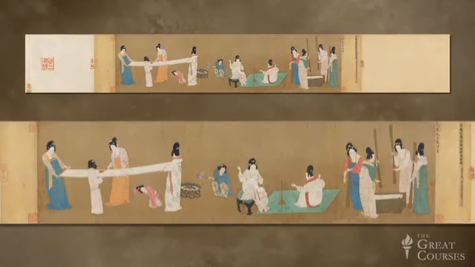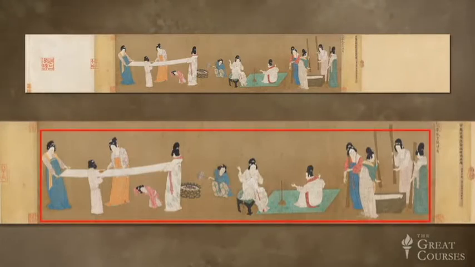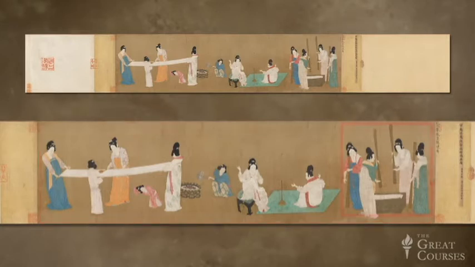Traveling 1,600 years forward in time, let's take another look at those court ladies preparing newly woven silk. Here too, the figures form an overall grouping, a wide rectangle that rhymes in shape with the central rectangle of the scroll itself. Within that, we find subgroupings. The 4 figures on the right and the 4 figures on the left each form a rectangular grouping.